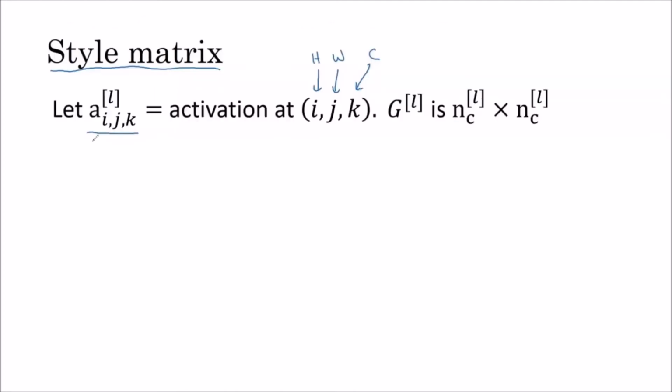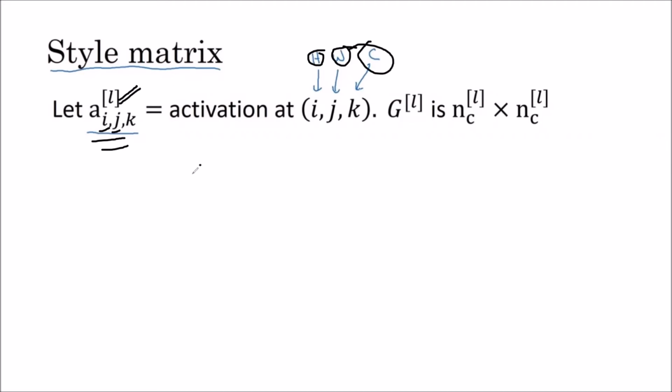This is the style matrix, where A represents the activation. I means height, J means width, and K means the number of channels. L is the particular layer we are representing.